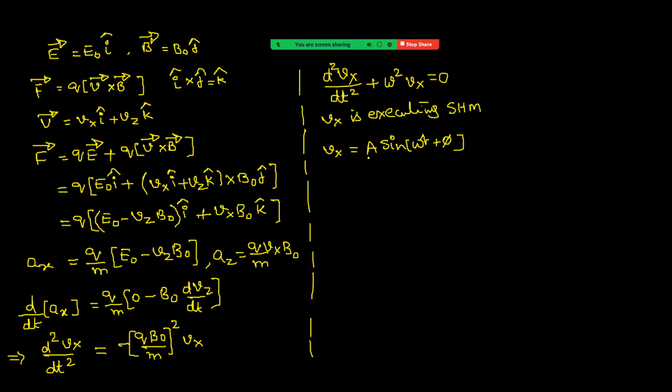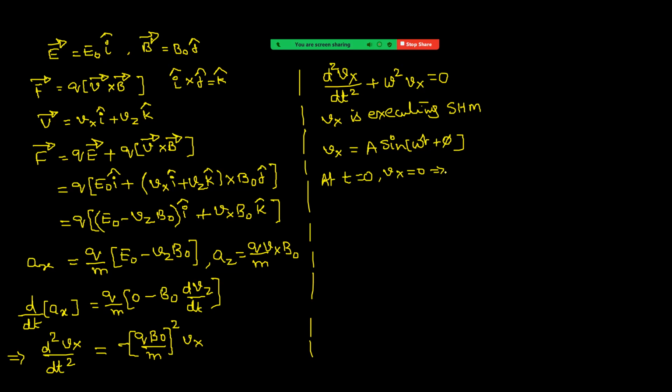Now see what we can write. When t = 0, what is Vx? You can see here, the particle is released from rest at the origin at t = 0. That means at t = 0, Vx = 0.